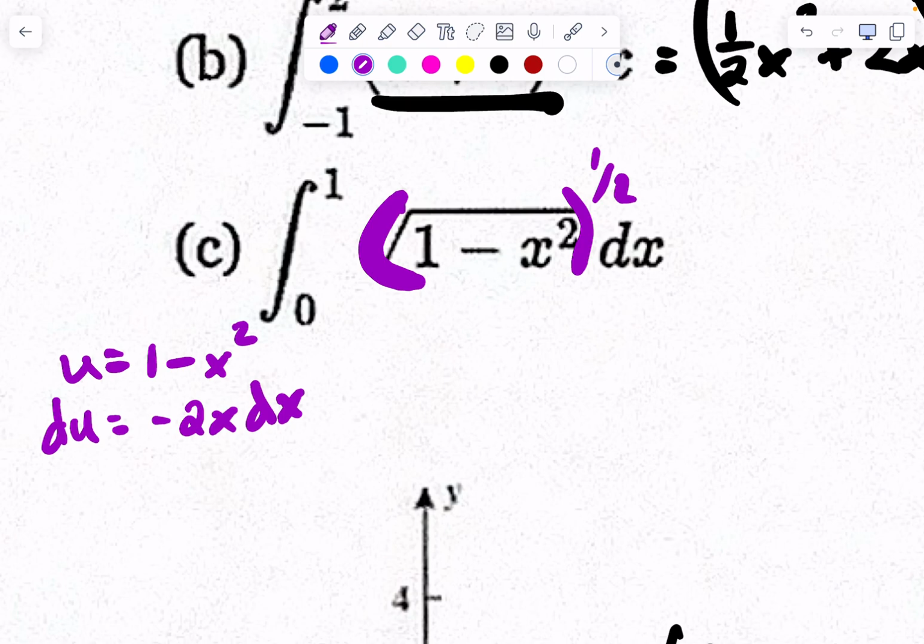We're going to end up with a dead end. Do we have a crazy antiderivative for 1 minus x squared? Is it like a trig function? The square root of 1 minus x squared, I don't know.